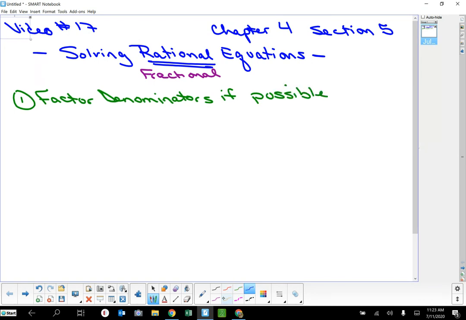Okay. Step number 2 is going to be to create equivalent fractions by finding a common denominator.